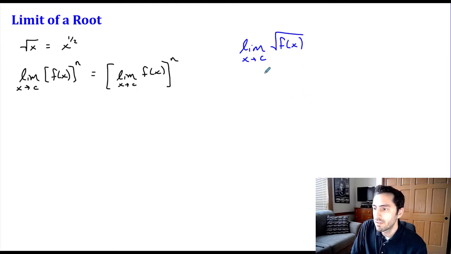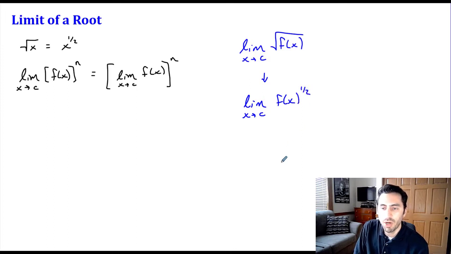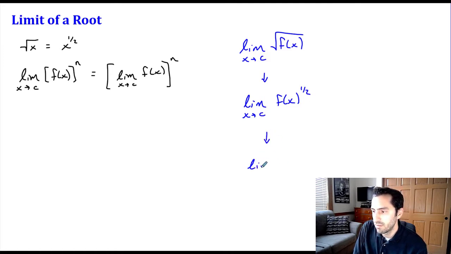I know that the square root, I can rewrite that as the limit, and I can rewrite the square root as the 1/2 power. And then using our power property that we've already talked about, I can rewrite this as the limit as x approaches c, and then I can put that exponent on this entire thing.